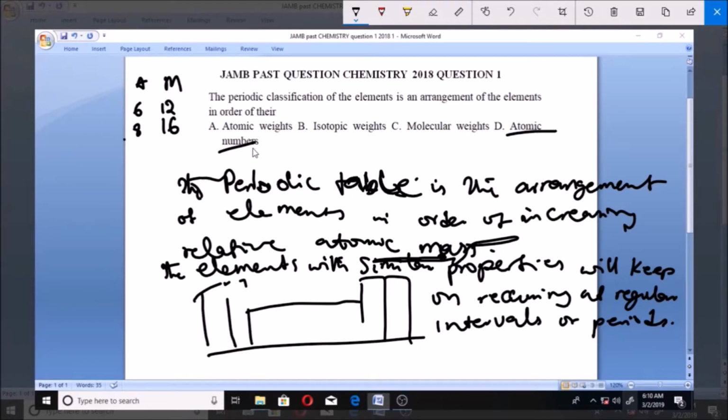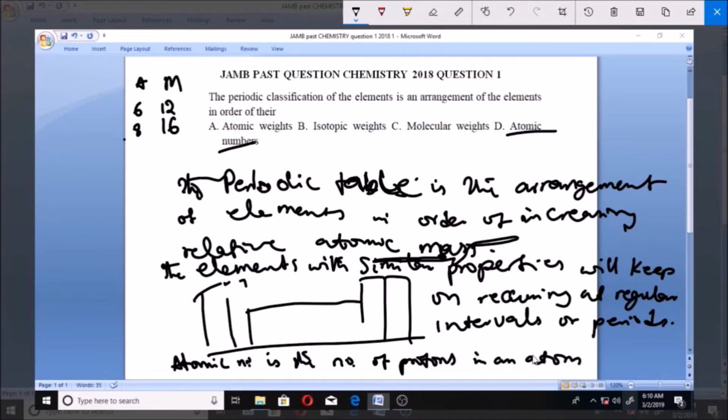And also you should know that the periodic table is the arrangement of elements in the order of increasing relative atomic masses, and the elements with similar properties will keep on recurring at regular intervals called periods. Now it's also important to know that the atomic number is the number of protons in an atom. Whenever you hear the word atomic number, what does it mean? Atomic number is the number of protons in an atom.